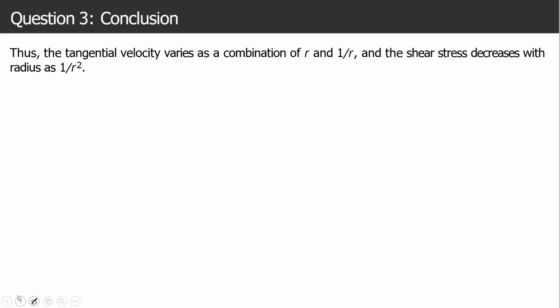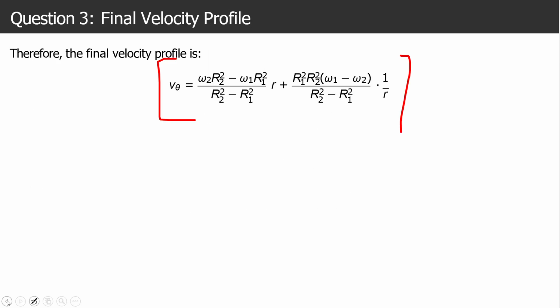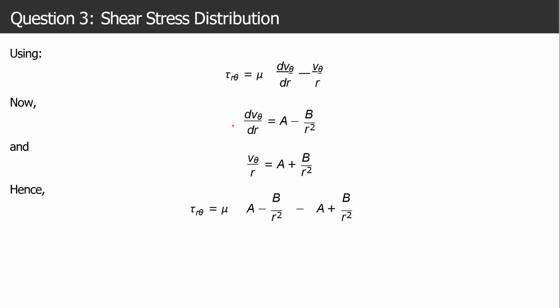Now the conclusion we can draw here is the tangential velocity is a combination of r and 1 by r, as we found ar plus b by r, and shear stress decreases with radius as 1 by r square. Now as we got v theta, we put it in tau r theta from the Navier-Stokes equation and go in the opposite direction. Now we have v theta, we need to find tau.